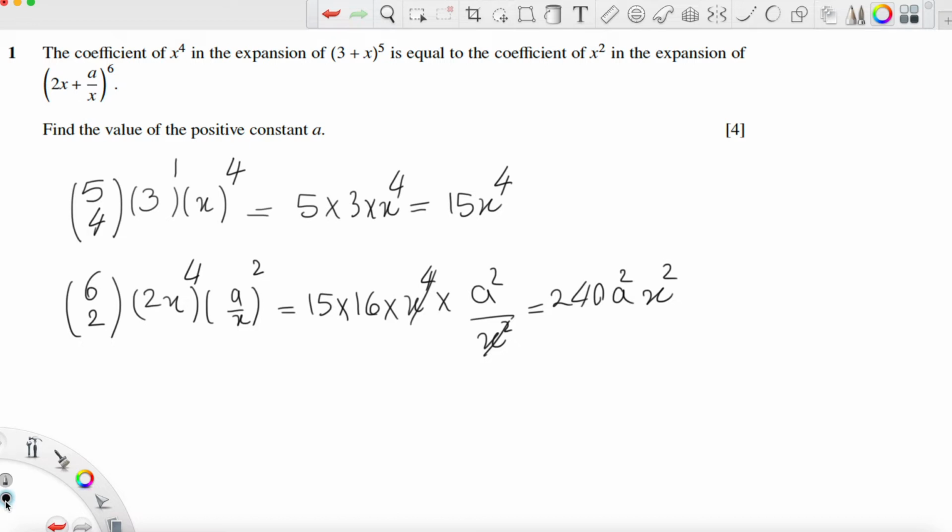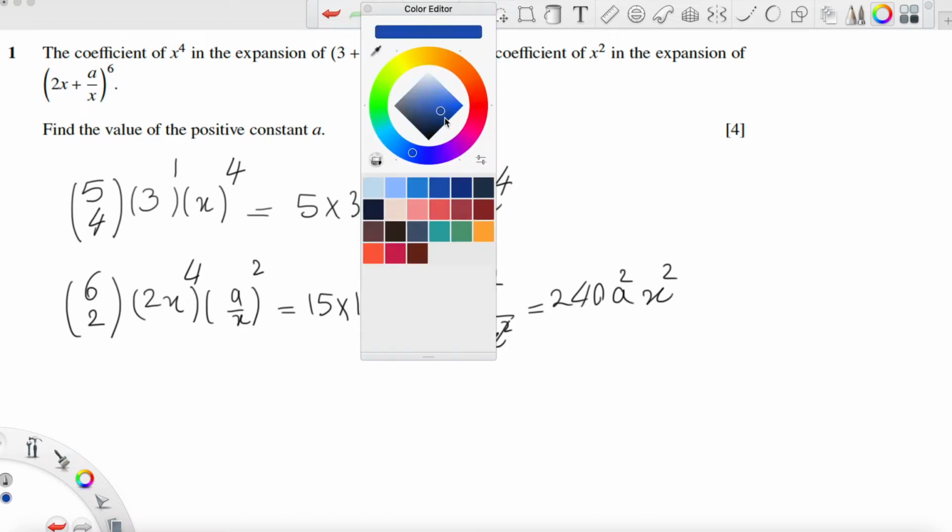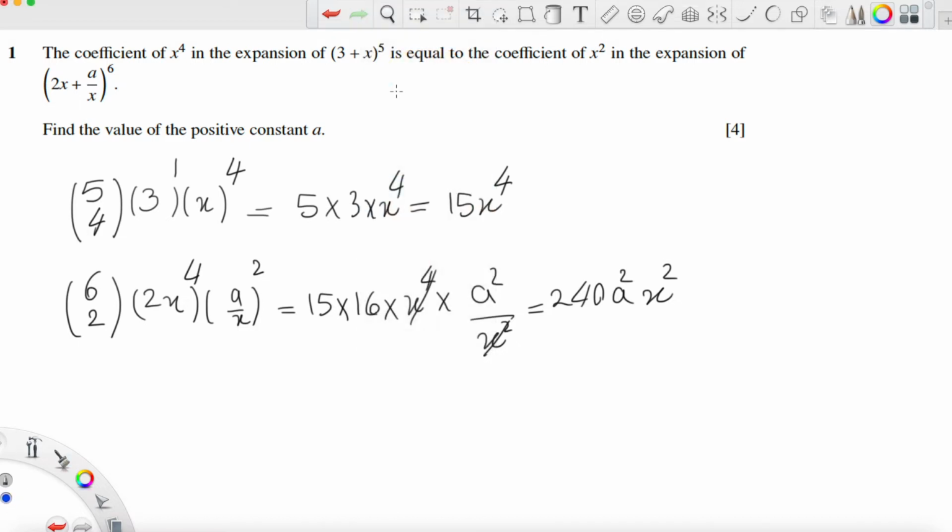Next step, it says these two coefficients are the same. The coefficient of x^4 in the first expansion, which is 15, is equal to the coefficient of x squared in the second expansion, which is 240a^2.